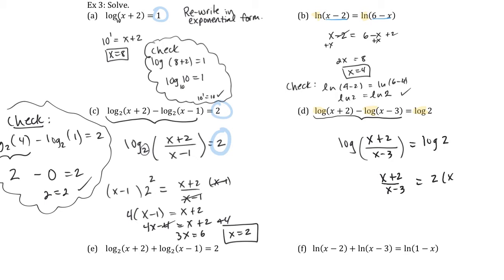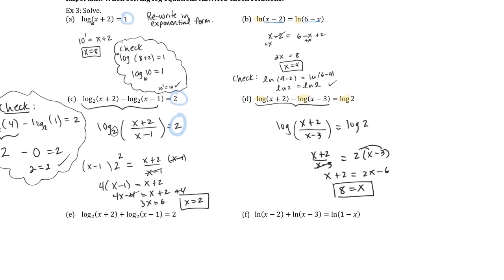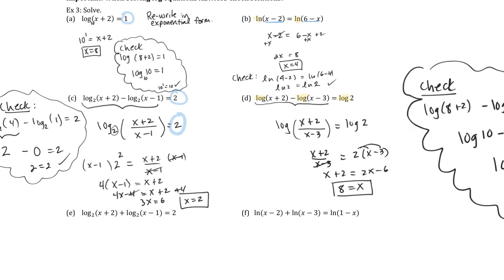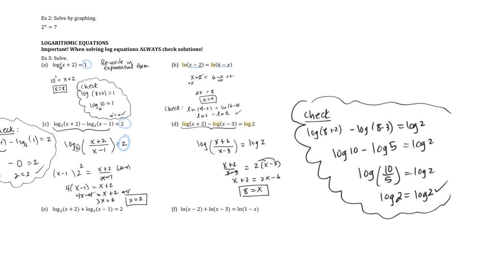We'll clear fractions, multiplying both sides by x minus 1, and distribute. So I get x plus 3 is equal to 2x minus 2. Add 6 to both sides, subtract x, and then we get x is equal to 8. We'll make sure we check that out, make sure that we've got positive arguments. And that does check out.